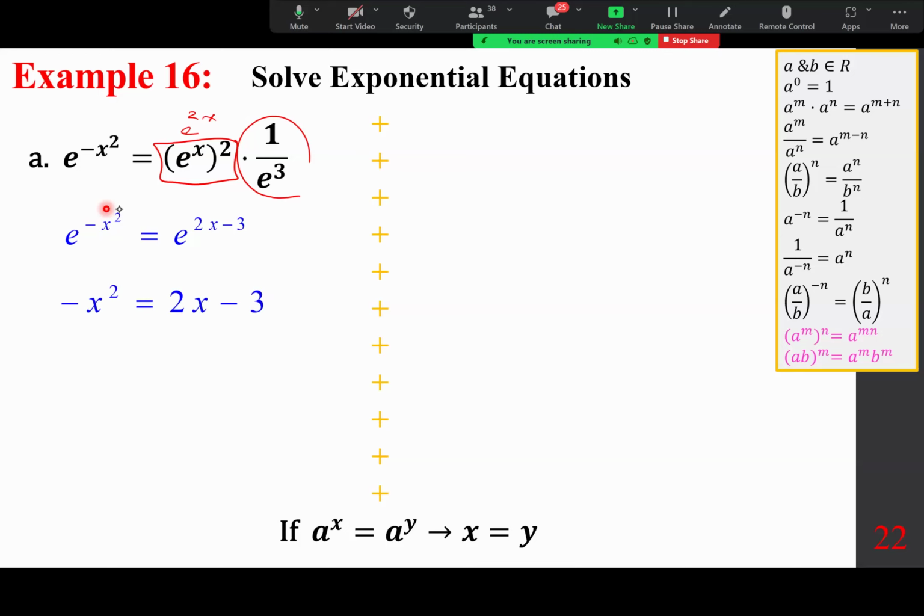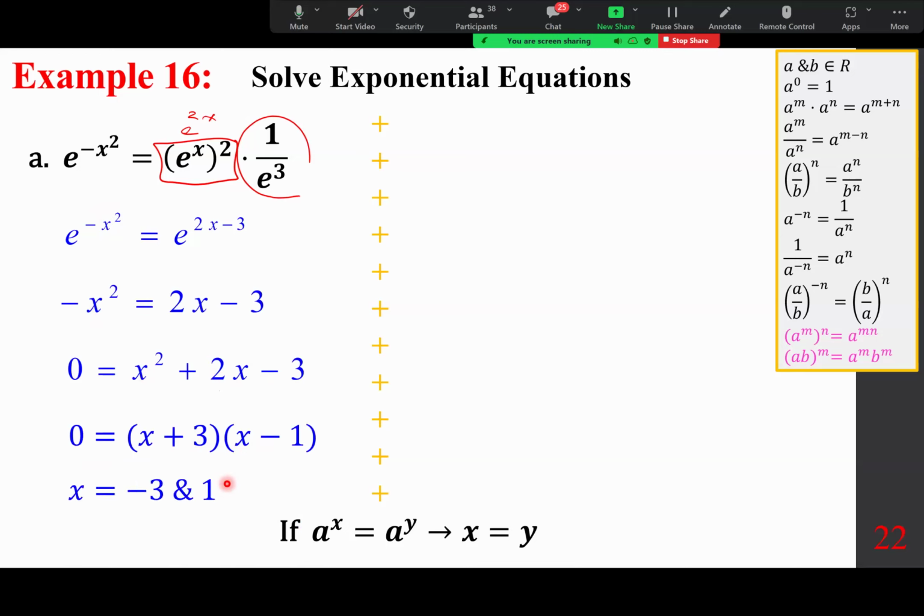To solve this, we bring everything to the right so we can factor it. If you move this to the right, you get 0 equals x squared plus 2x minus 3. And now you want two numbers. The product is negative 3. The sum is 2. So x plus 3, x minus 1. The answer is either negative 3 or 1. Those are the answers.